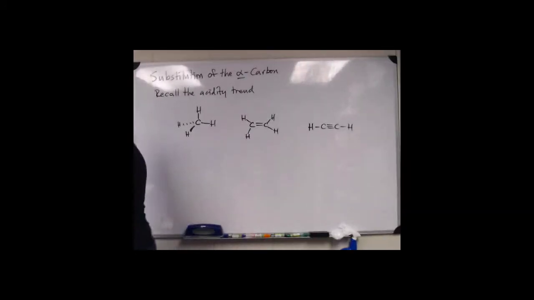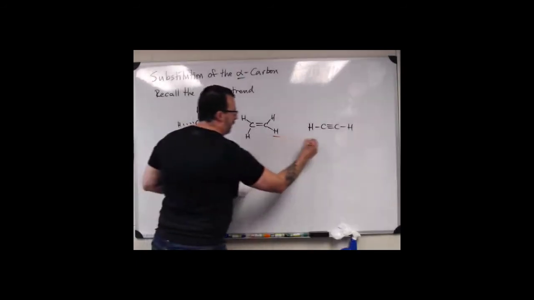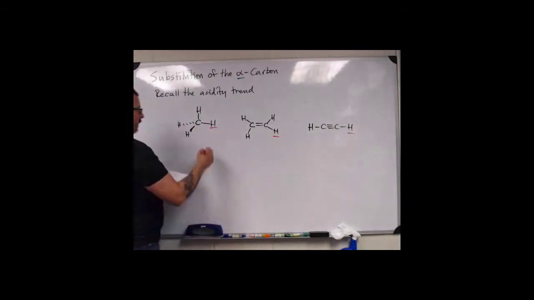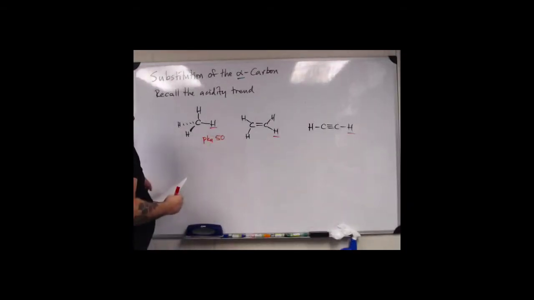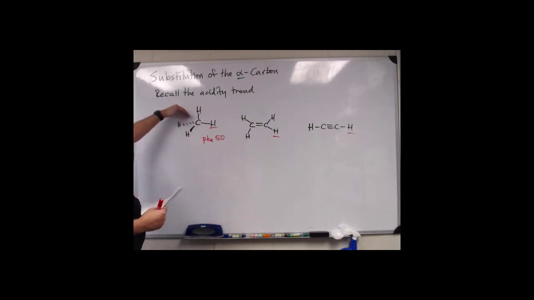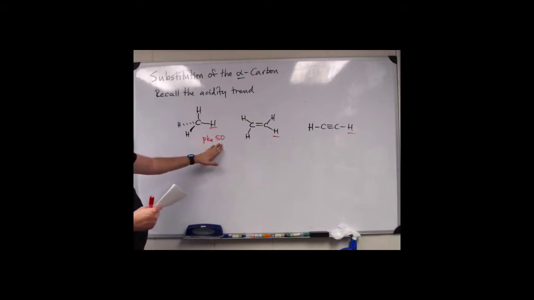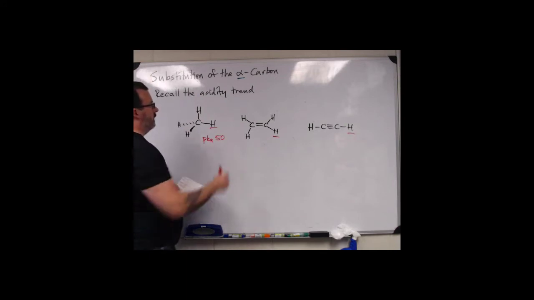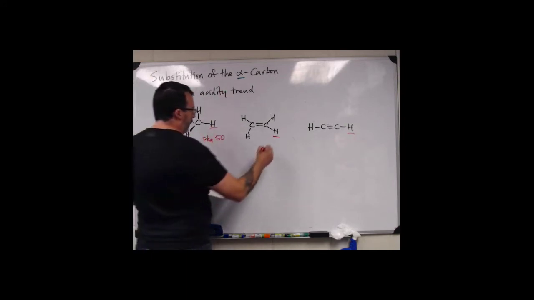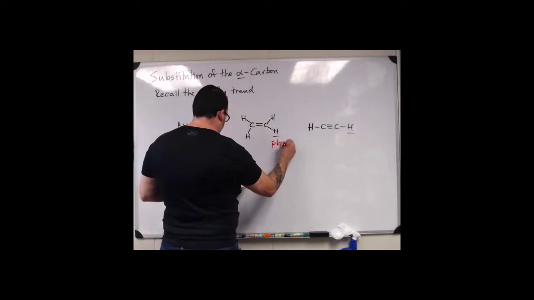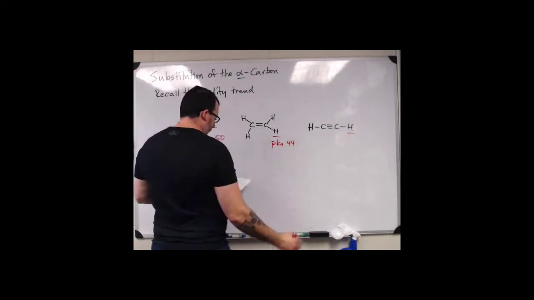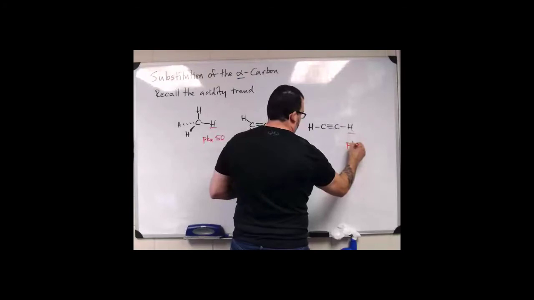So if we recall from our acidity studies, the sp3 hybridized carbon CH bond has a pKa of about 50. So it's important to remember that in relation to specifically the alpha carbon. sp2 pKa was about 44, and sp pKa is about 25.